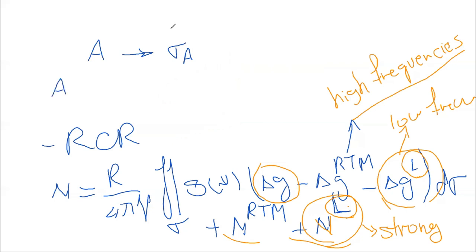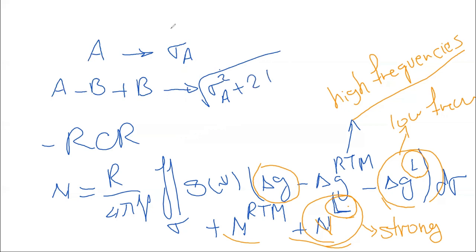Now, I say A minus B plus B. What will be the error of this one? If we assume that there are only random errors here, the error will be sigma squared plus 2 times the variance of B. This means that the random error of this quantity, which is removed and restored, contributes to the error of the result.